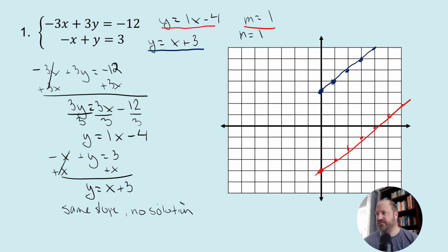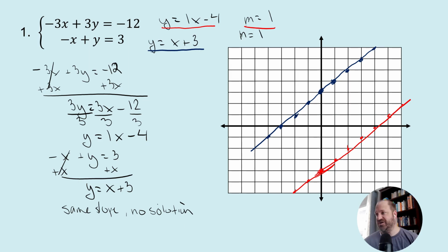And we notice that no matter how far we go, these two lines, even if we continue this towards the left, and then do the same thing with our other line, y equals 1x minus 4, continue to the left, our lines are not going to intersect.